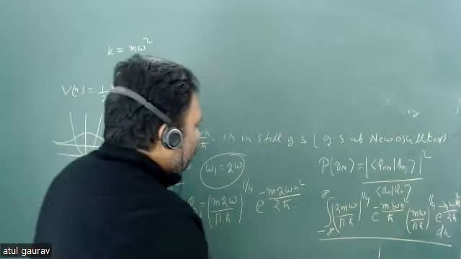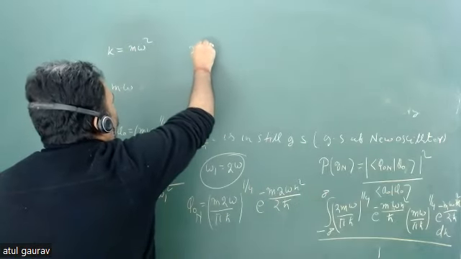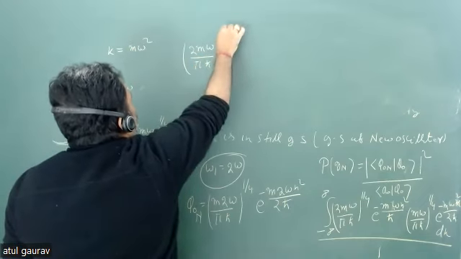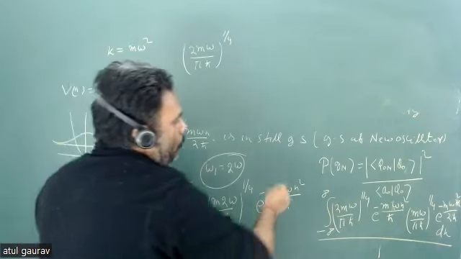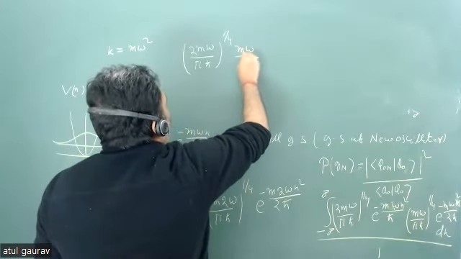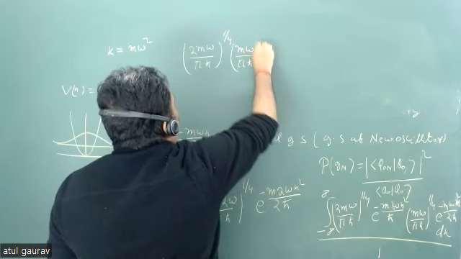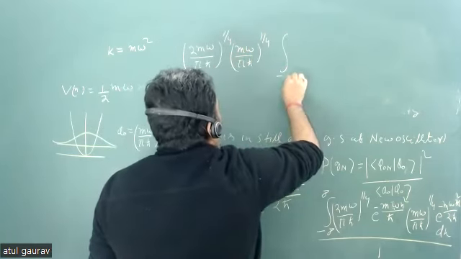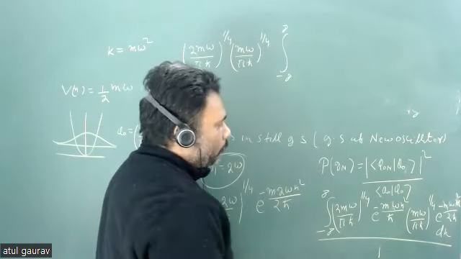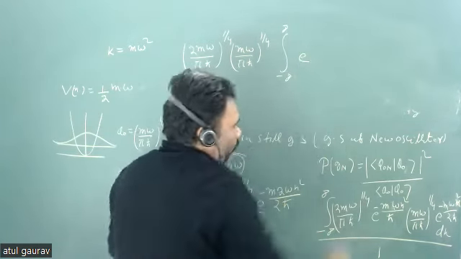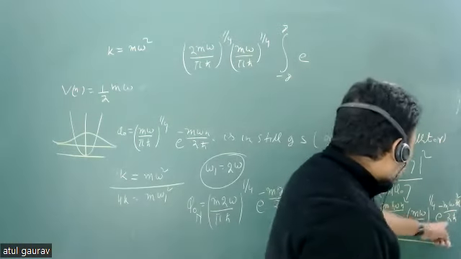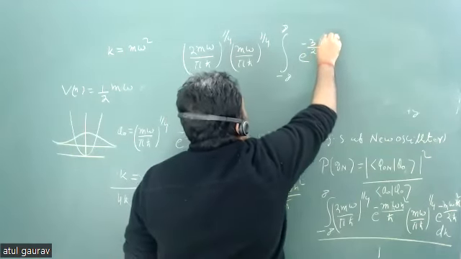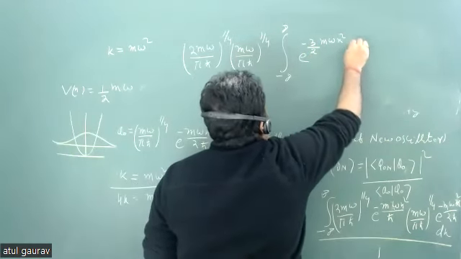Just take all this outside. (2m omega upon pi h cut) to the power 1 by 4, (m omega upon pi h cut) to the power 1 by 4, and you have to go for integration minus infinity to plus infinity e to the power minus 3/2 m omega x square dx.